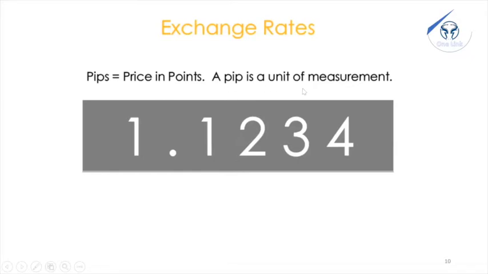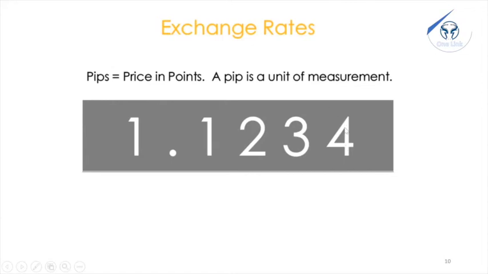A pip is a unit of measurement. Remember, the pip is the unit of measurement. Basically it is the last digit. If you look at a particular currency, there will be 5 decimals, with another digit there. A lot of people in the professional trading world just avoid the last one and look at the 4th digit.